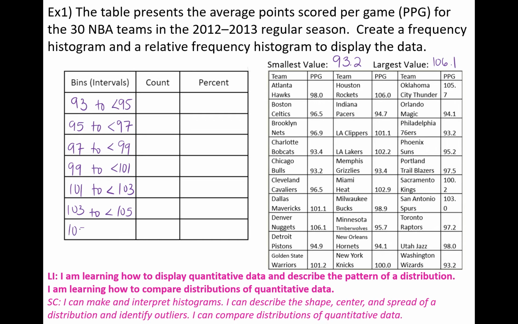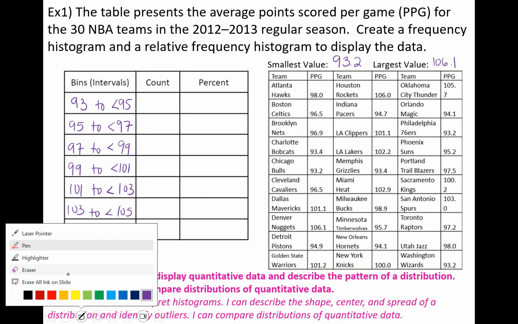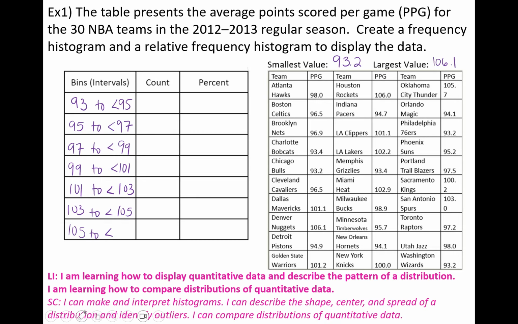And 105 to less than 107. Now, I don't actually have data values that go all the way up to 107, but I do have to keep a consistent bin interval. I made mine 2 units wide, so I have to keep that pattern.